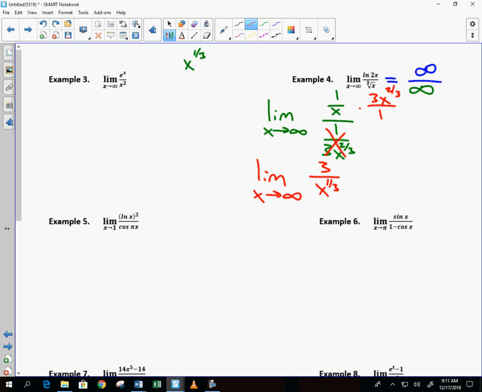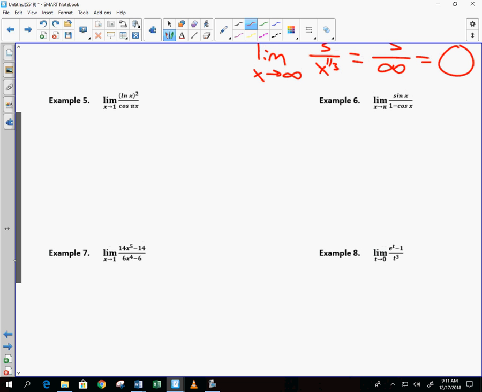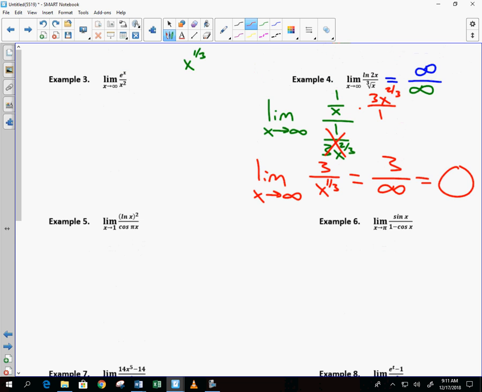Now I let x go to infinity. What happens at the top? 3. What happens at the bottom? Infinity. And what is 3 over infinity? So, 1 times 3x to the 2/3 is 3x to the 2/3, right? And 1 times x is x to the 1 or x to the 3/3.